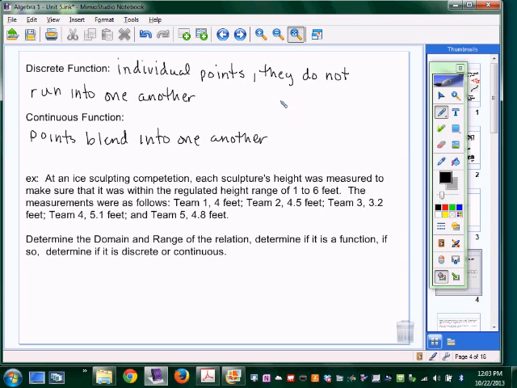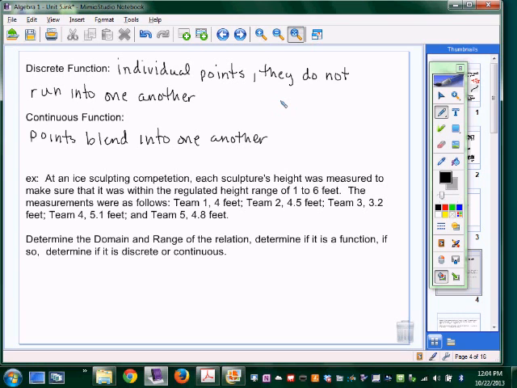Continuous functions are things that blend into each other. Growing is a continuous function. Height over time, like if you start with a baby and as you grow till you peak out, your growth is gradual. I don't measure my height today and I'm 4 feet, and then tomorrow I'm suddenly 4'4".